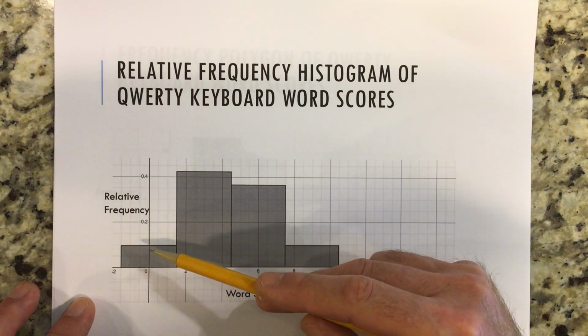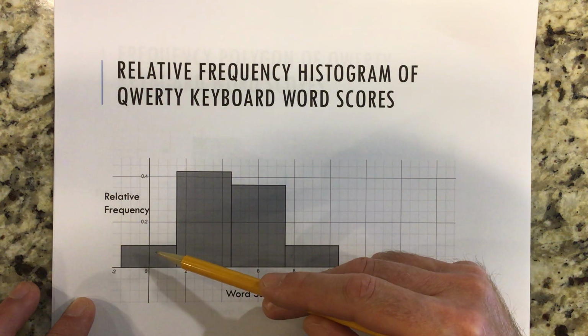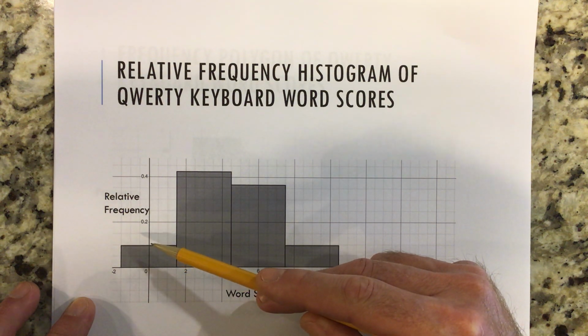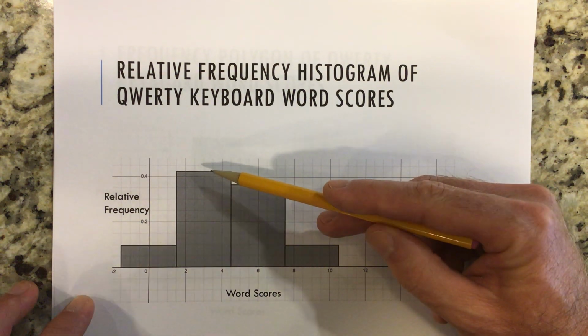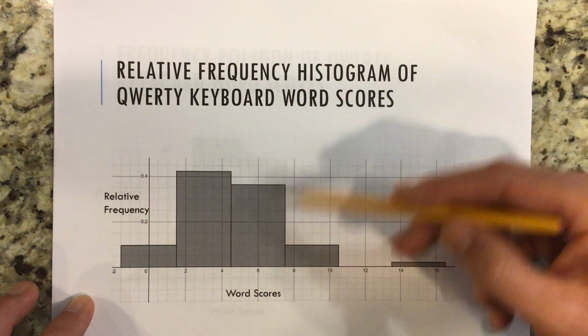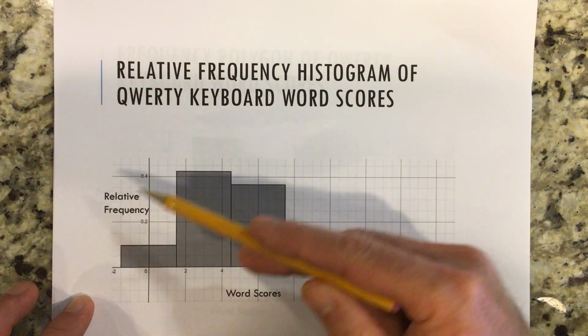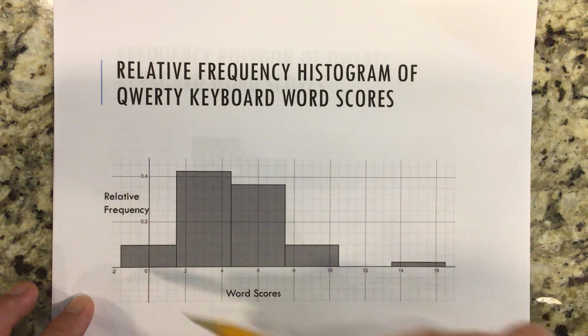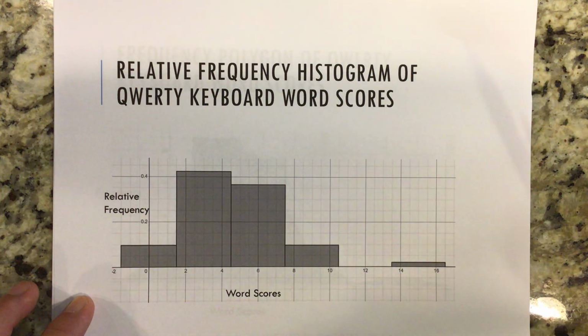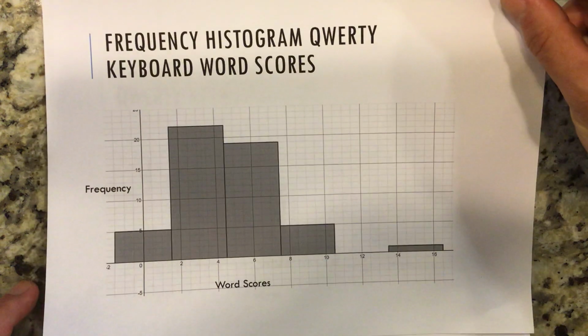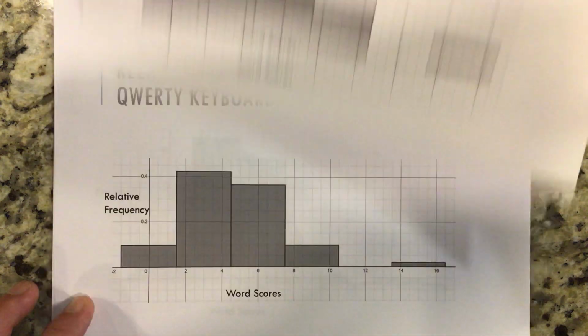So you'd say, okay, this looks like almost 10%, 9.6 to be exact, right? This is just over 40%. 42.3 to be exact, and so on. So relative frequency just means your vertical scale is changed, but notice the shape of the graph looks identical. See, same shape, you've just changed your vertical scale.